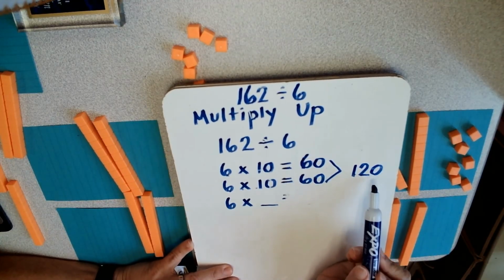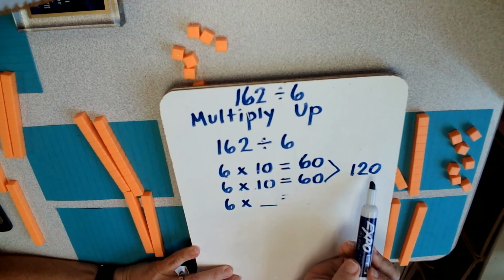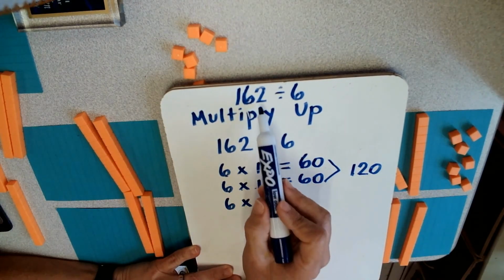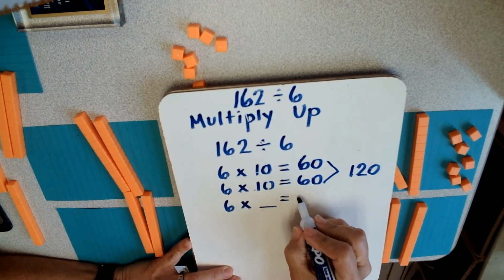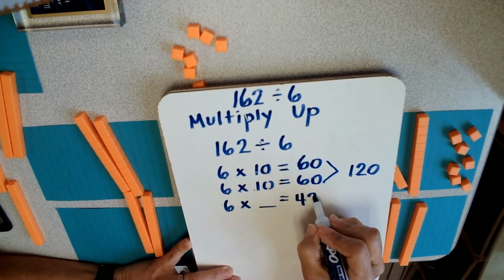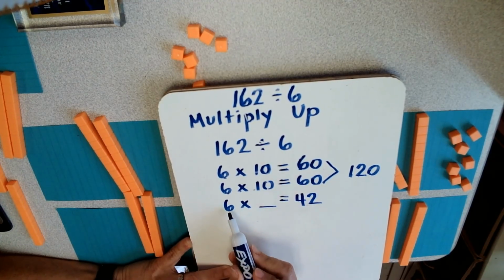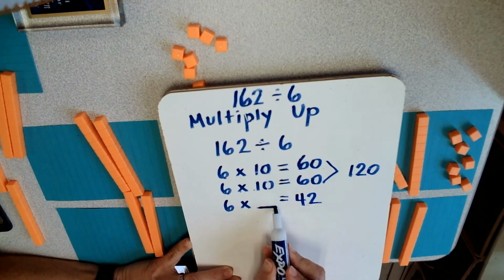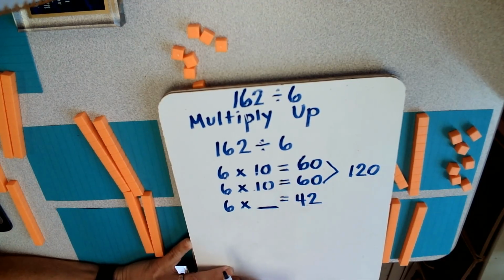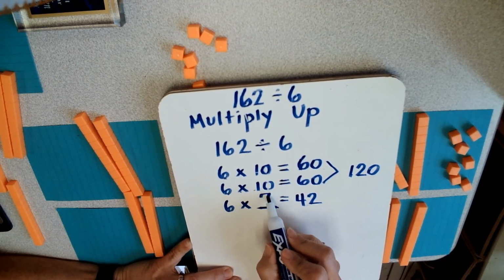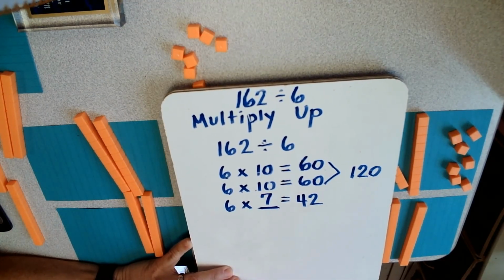If I am at 120, what else do I need to get to 162? Well, I know that I need 42 more. What missing factor? 6 times what missing factor gives me 42? Well, that answer is 7.